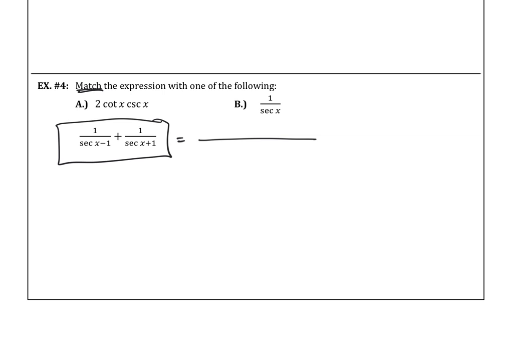All right, so my common denominator is going to be secant x minus 1 times secant x plus 1. So on the first fraction, I'm multiplying by secant x plus 1, so 1 times secant x plus 1. And then for the second fraction, 1 times secant x minus 1, because I already had the secant x plus 1 on the bottom.